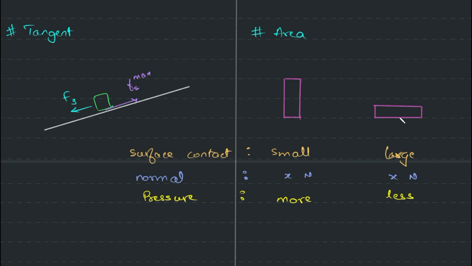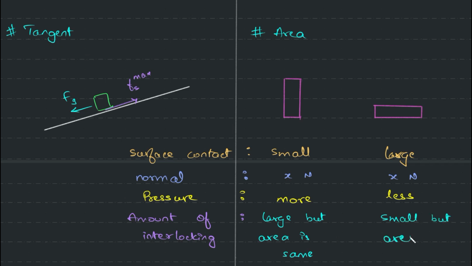There the interlocking will be less, but the space is more. Here the area is small, there the area is large. This is the amount of interlocking per unit area.